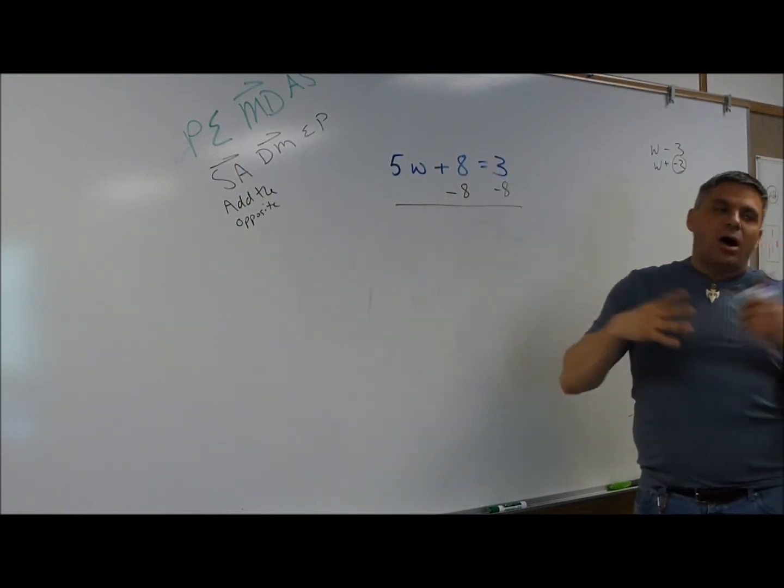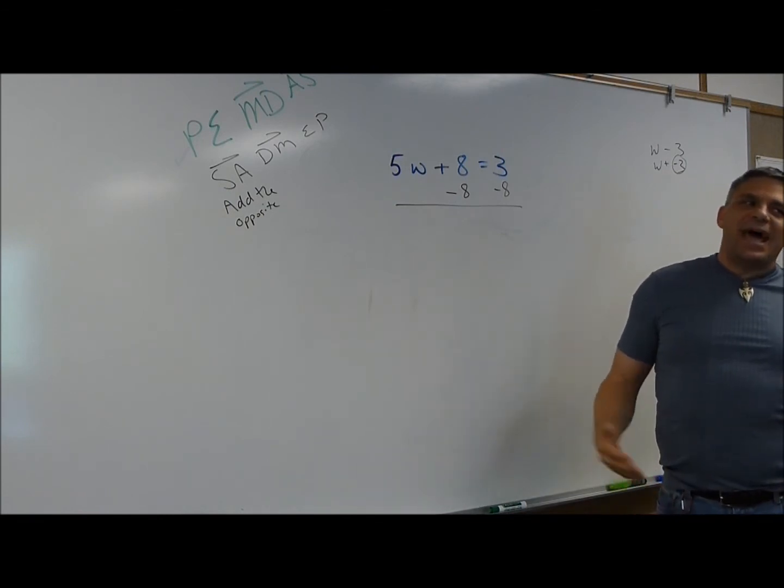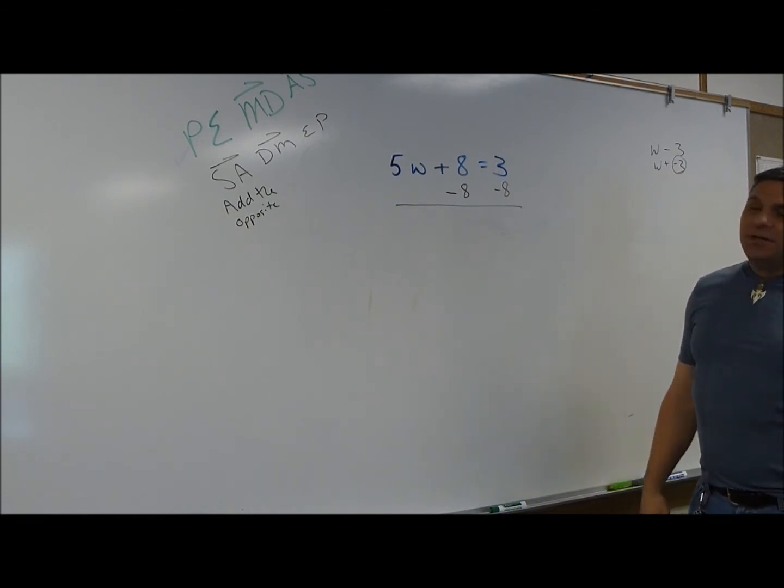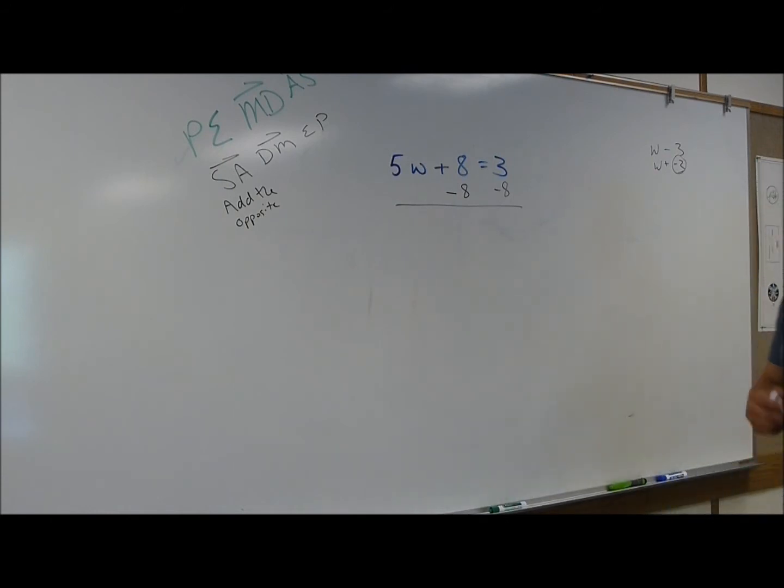And the reason why I always add is because adding is so much easier than subtracting. Because think of it like this. Remember when we have those negative 7s and then we say, well, I'm going to minus a minus 7. What? I'm going to minus a minus 7, right?